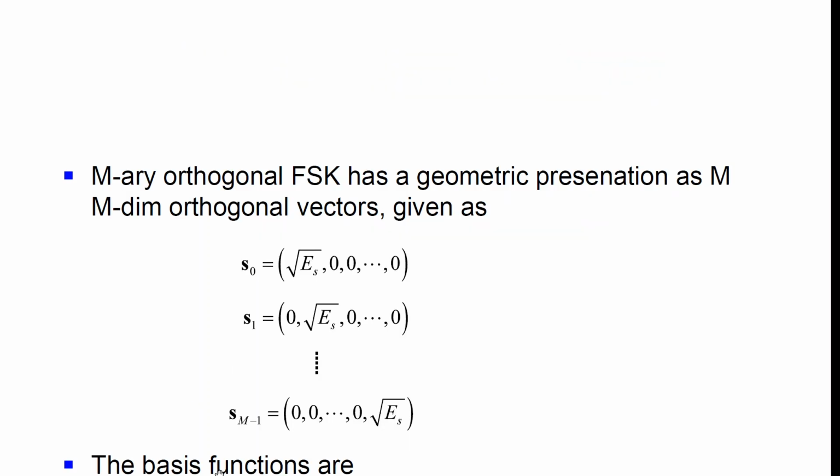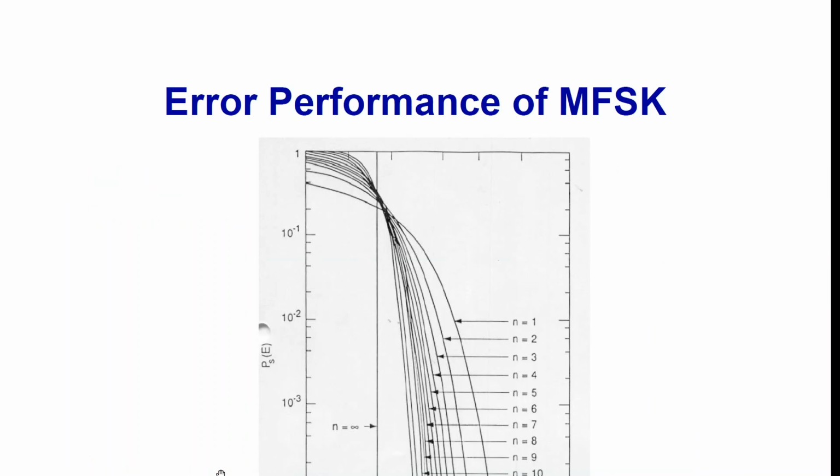The constellation diagram requires M dimensional space, and each point will be on one of the M axes, S0 to Sm minus 1. All other coordinates are 0.